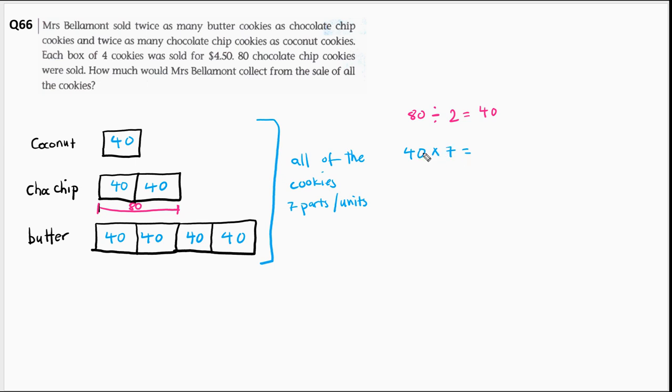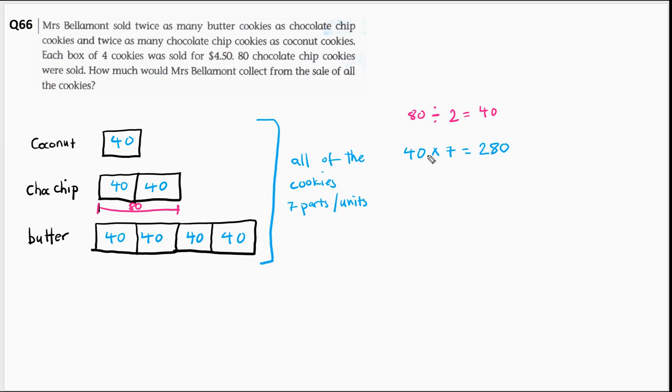Remember, 40 is the same as 4 times 10, and you probably know that 4 times 7 is 28. So 4 times 10 times 7 is 28 times 10, which is 280.